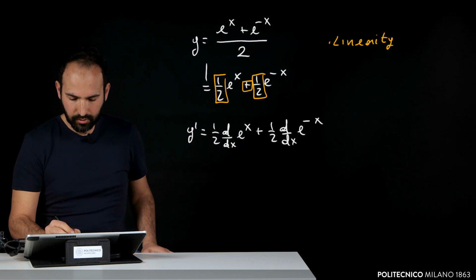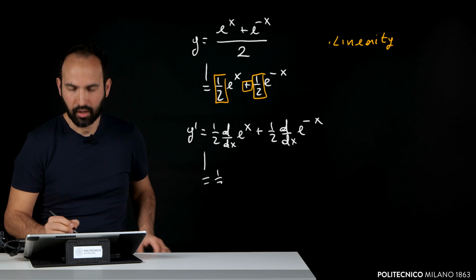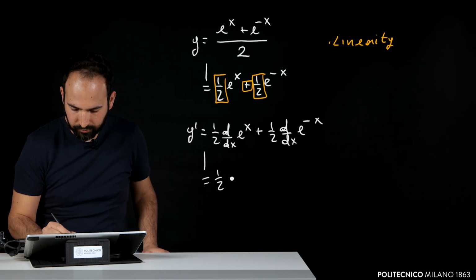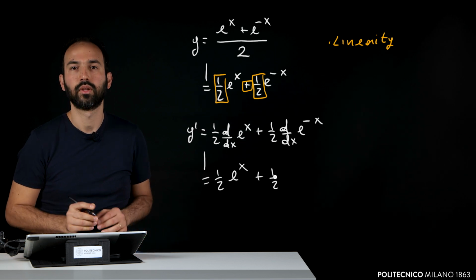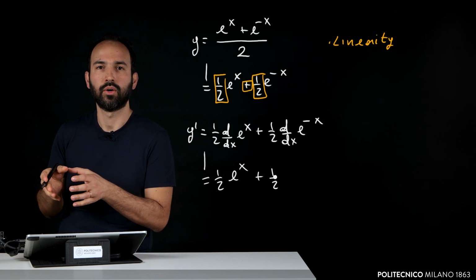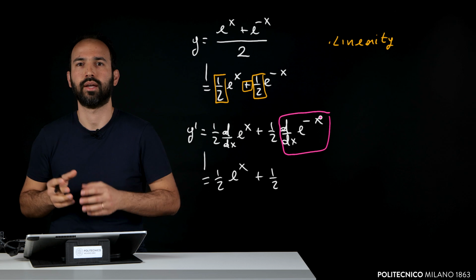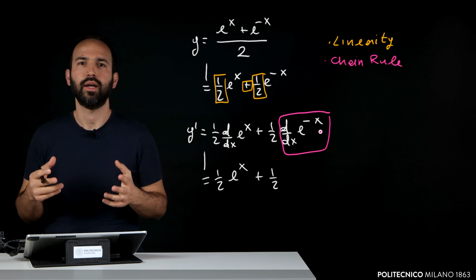The derivative of exponential of x is exponential of x plus 1/2.